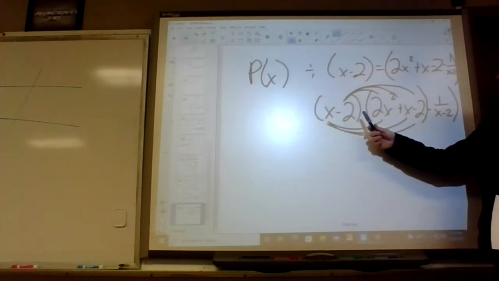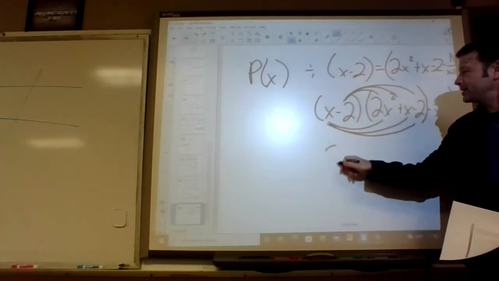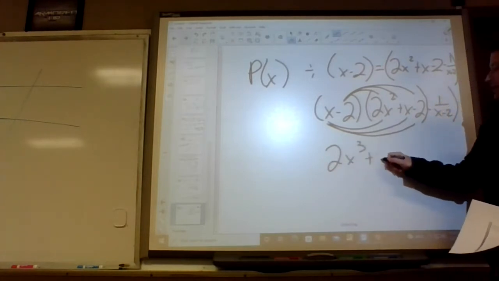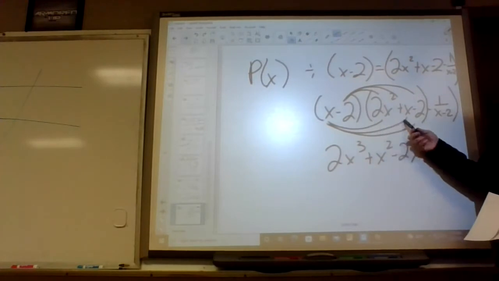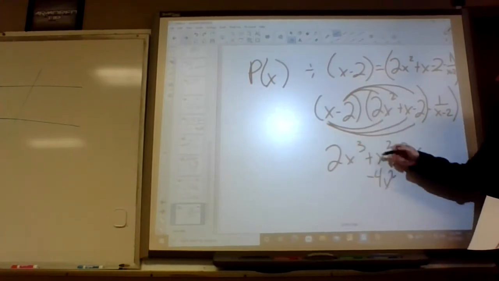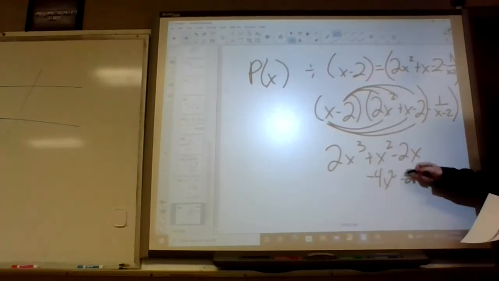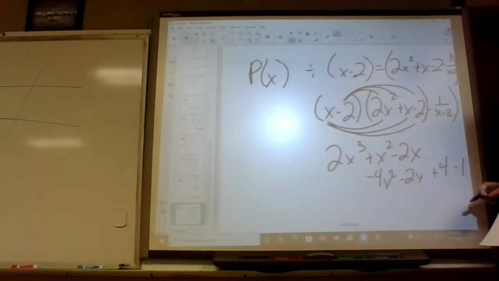So if I multiply the x out, I get 2x cubed plus x squared minus 2x. And then if I multiply the minus 2 out, I get minus 4x squared minus 2x plus 4. And I'm just going to throw that remainder on the end there, minus 1.